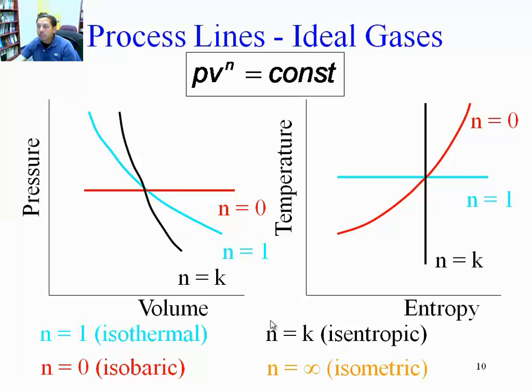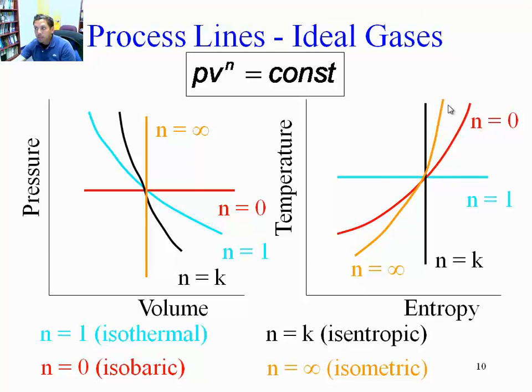And when n is equal to infinity, we're talking about an isometric process, a process where volume doesn't change. And if volume doesn't change, we have a vertical line in the PV diagram. Obviously, volume is on the x-axis, so it's a vertical line. Then the TS diagram is a growing exponential with a little bit steeper slope than the isobaric line.